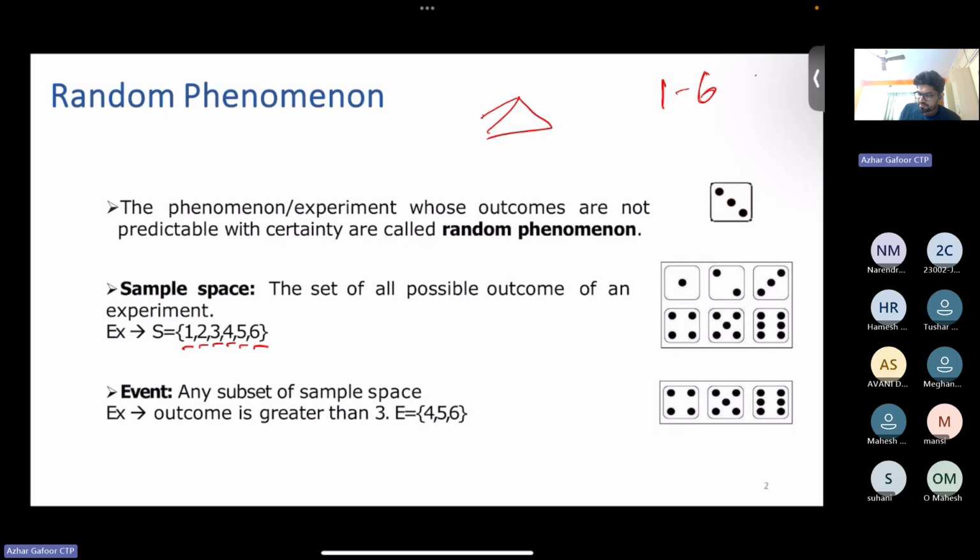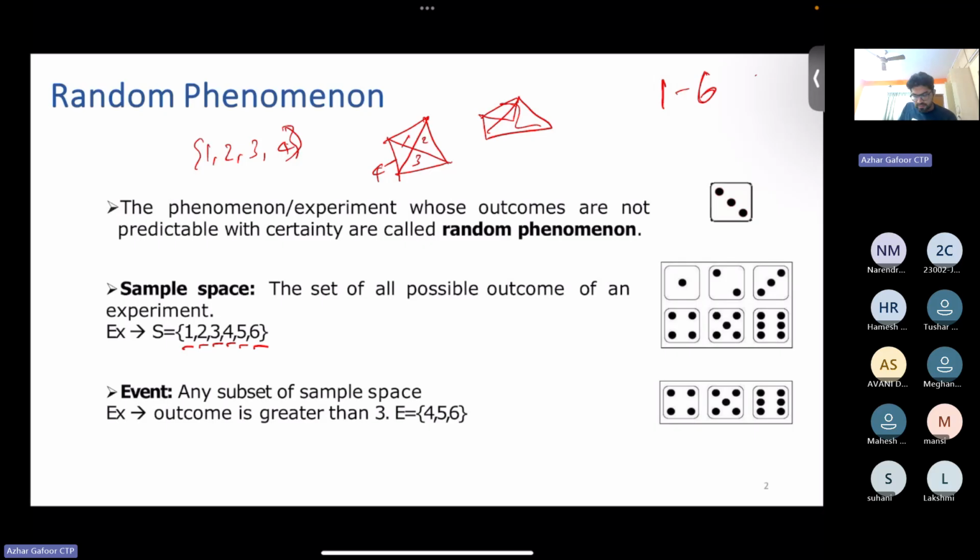If we join four triangles and make a die, we can mark the faces 1, 2, 3, and the bottom face 4. If such a die is used in our experiment, the sample space is 1, 2, 3, 4. So this is the definition of sample space: it denotes all the outcomes of an experiment.